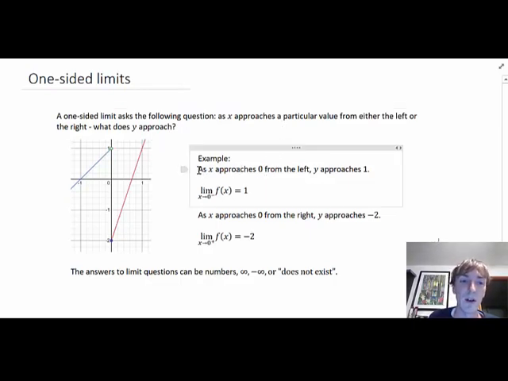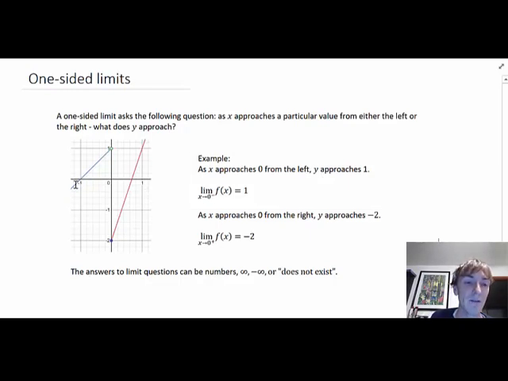So in this example, this is a piecewise function, right? The kind of function where I have two different rules, and depending on what x is, I use one of those two rules. And so these piecewise functions are the ones where we have to be a little bit careful with these one-sided limits. So for this function here, as x approaches 0 from the left, what does y approach?